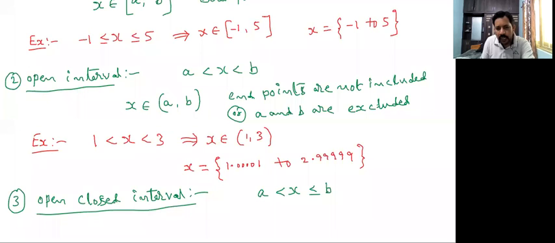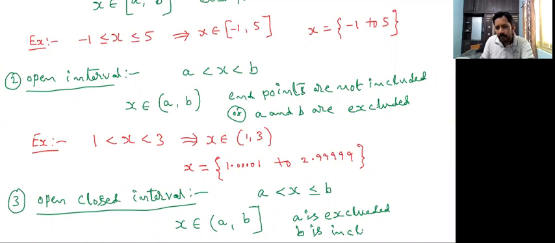Whenever there is an equality symbol, it will be closed at that end. So we can write x belongs to open bracket a comma b closed. In this case, a is excluded and b is included.